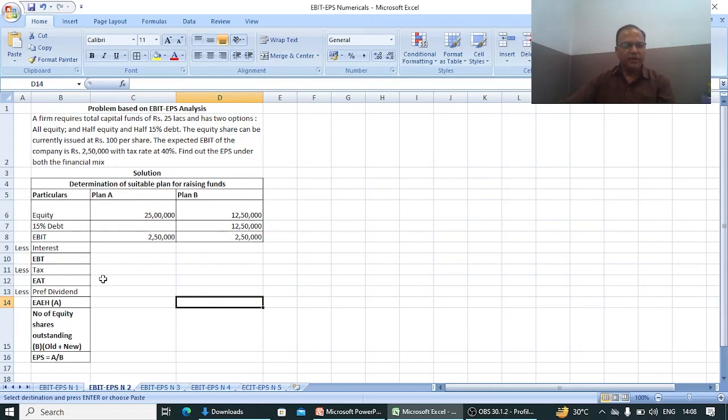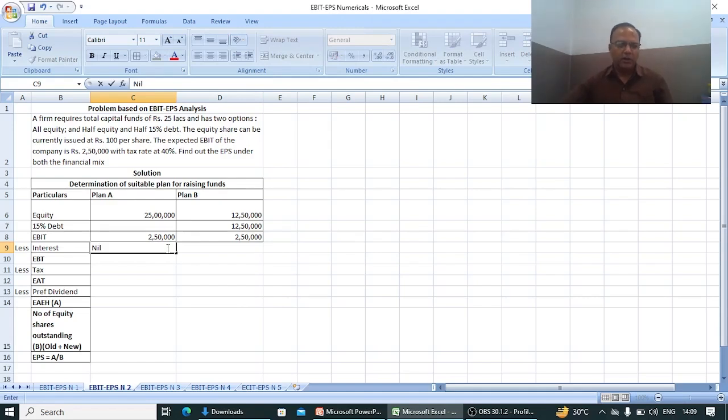So first of all, EBIT, after that you have to deduct interest. In option number 1, because you are getting rupees 25 lakh by issue of equity share, so here interest is nil, and here you are getting 12 lakh 50,000 by 15% debt.